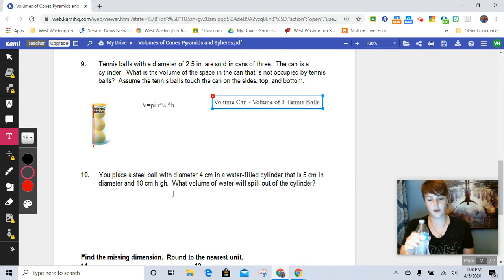And so what volume of water will spill out of the cylinder? Well, as much of the volume that is the steel ball. Do we really need to know about the cylinder? I'll let you think about that.